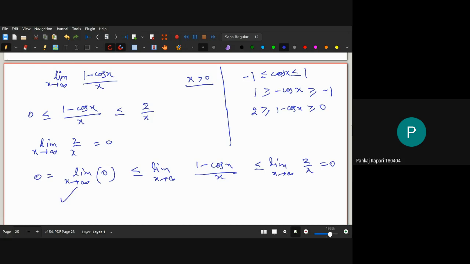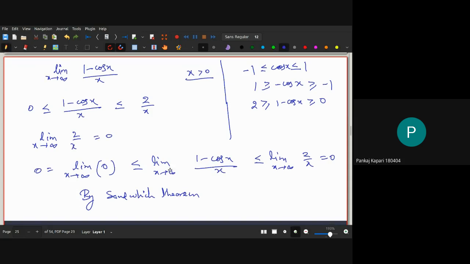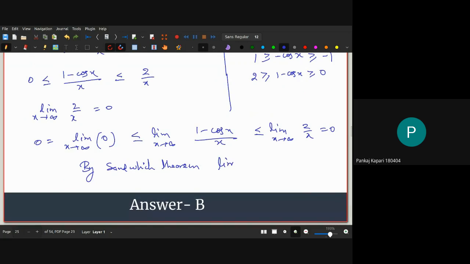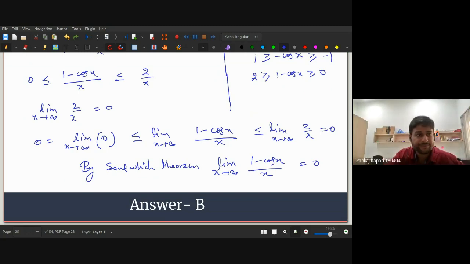Because the left hand side function has limit 0 and the right hand side function also has limit 0 when x approaches infinity, by the sandwich theorem the limit as x goes to infinity of (1 minus cos x) divided by x becomes 0. Any questions? We have used the sandwich theorem or sandwich rule.